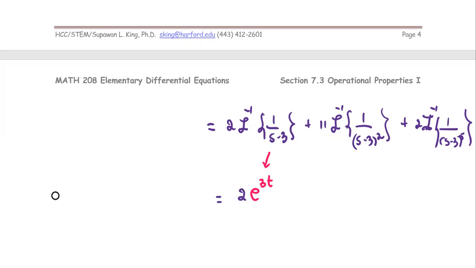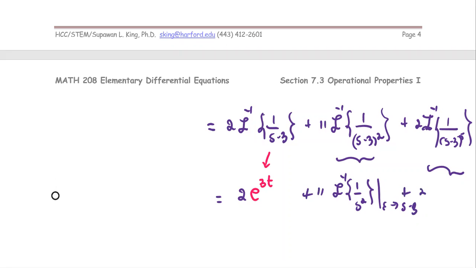But the second one is the translation of the Laplace of 1 over s squared, as s translates to s minus 3. And the last one is similar. So 2 times the inverse Laplace of 1 over s to the 5th, where s translates to s minus 3.